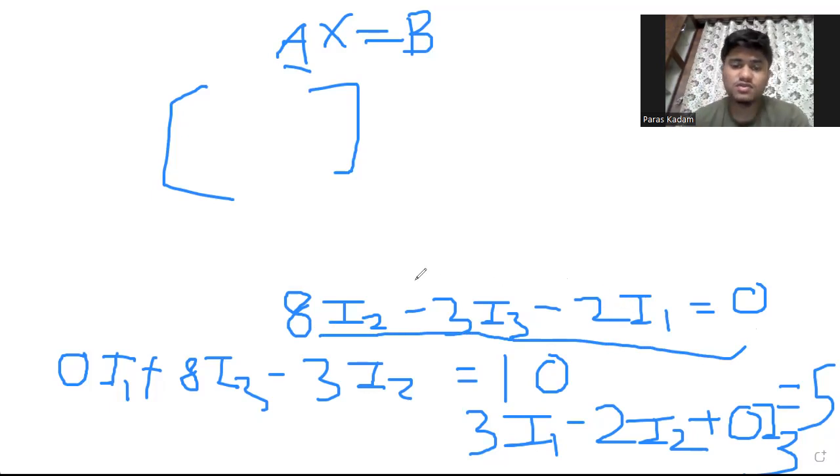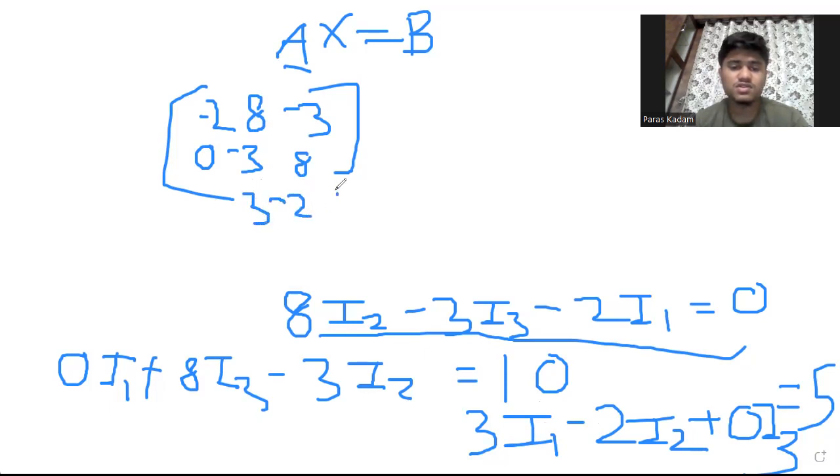First I will write -2, 8, -3. Then for the second equation, 0, -3 and 8. And for the third I will write 3, -2, 0.